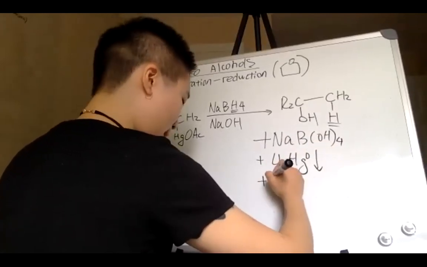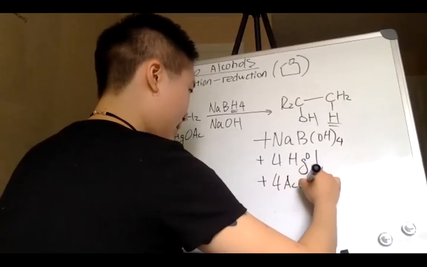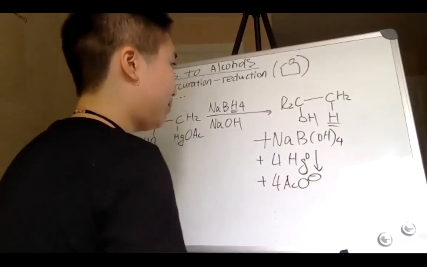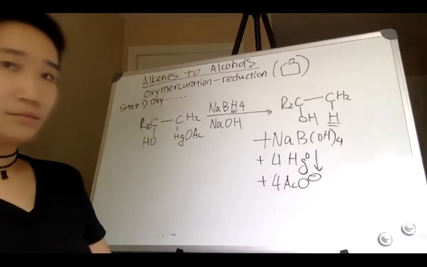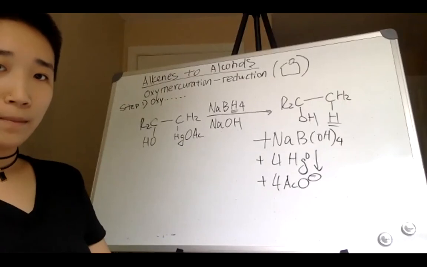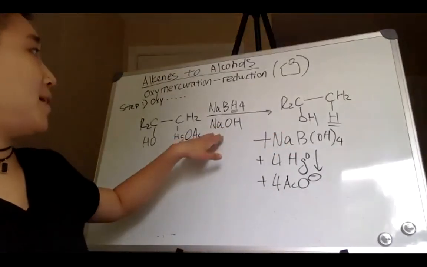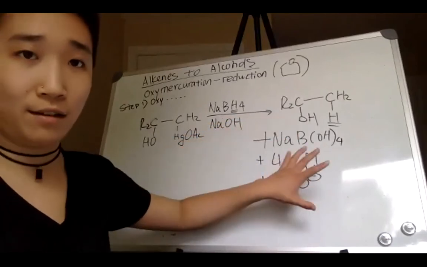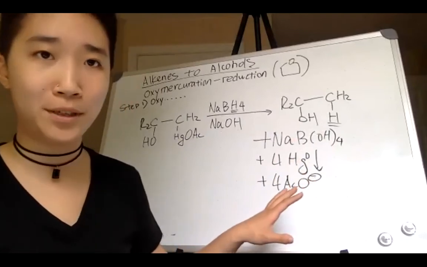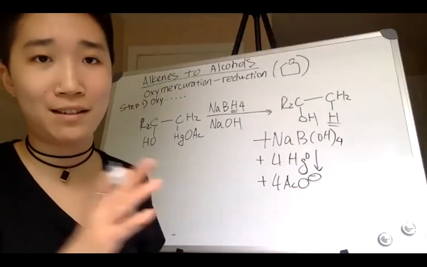And we also have acetates that are just chilling. And the most important thing is that we went from an alkene to an alcohol. And all the side products, you just have to know them, but during an exam, you don't have to write them all out. They're not that significant.